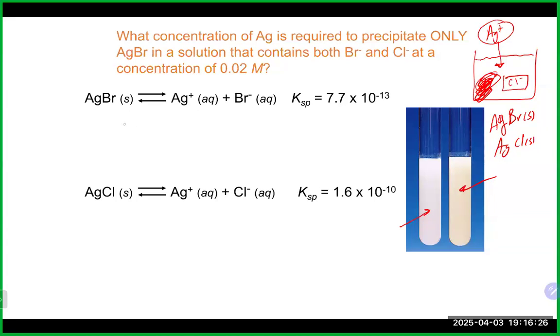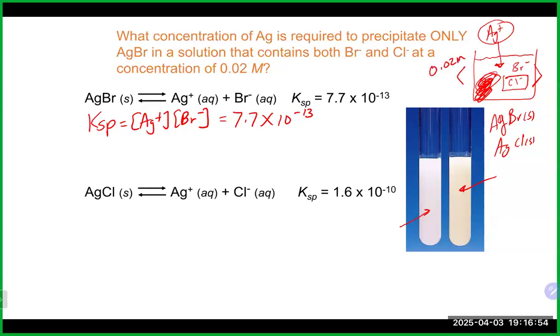So if we look at the KSP expression here for our silver bromide, we have something like this. The silver concentration times the bromide concentration equals 7.7 times 10 to the minus 13. Now, we know in this case, even though I crossed it out there, that both of these ions are in the solution basically at a concentration of 0.02 molar.